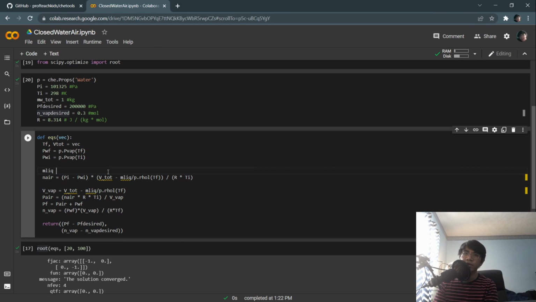Mass of the liquid is equal to the volume times the density. Is that how we want to do it?